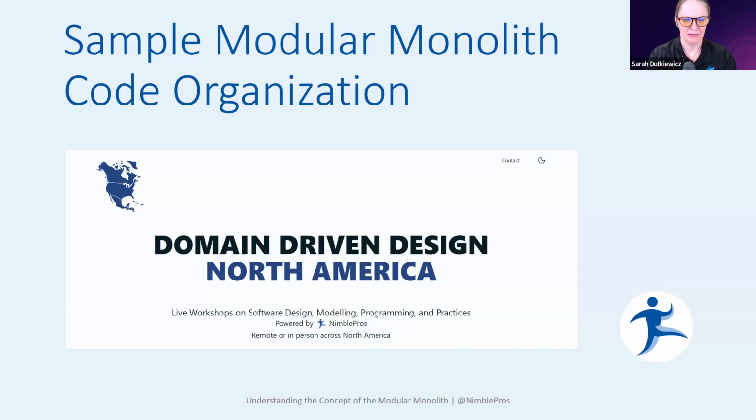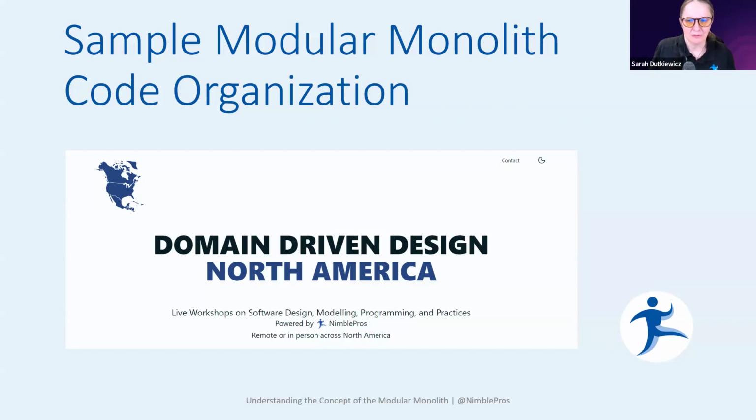And I thought, wait a minute, we can follow the same pattern, only instead of books, we're using user groups. So at DDDNA, we track all the different user groups and events happening in the domain-driven design space for North America, and also our virtual group that meets within the North America time zones.